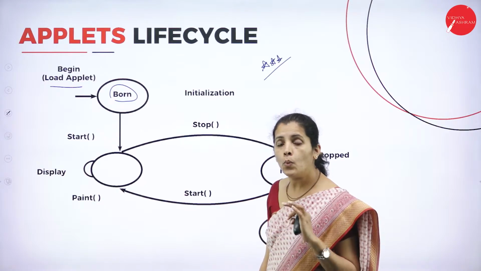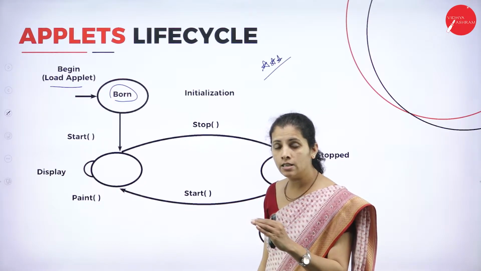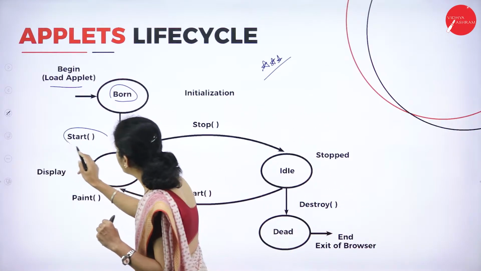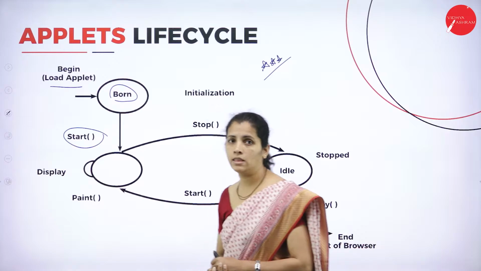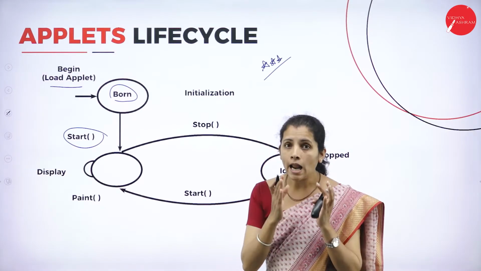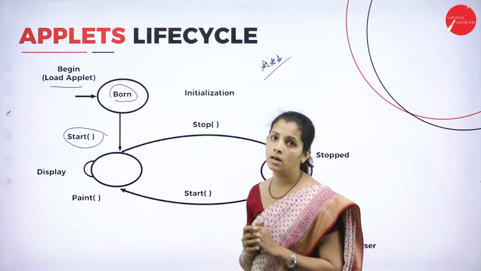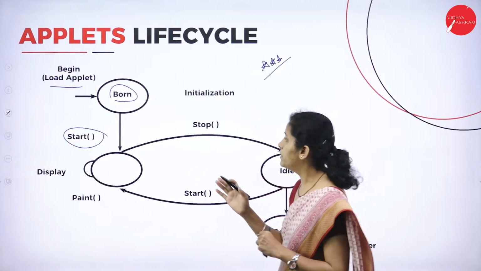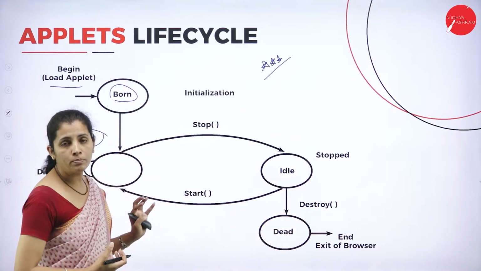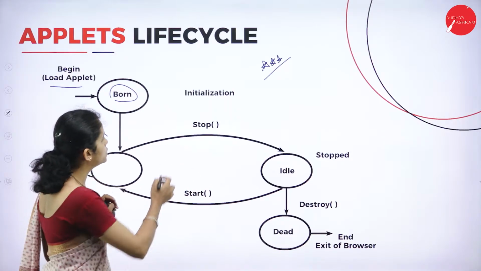After that, when it starts its execution, that is the running state, that is by calling the start method. When I call the start method, an applet moves from born state to running state.